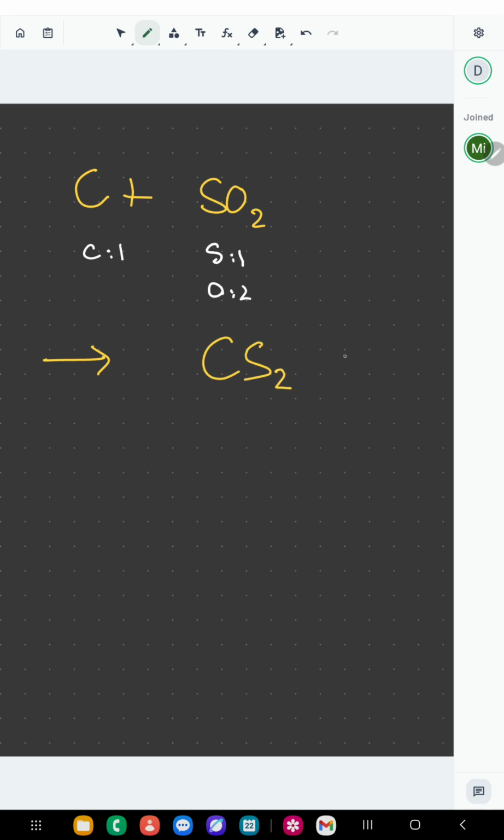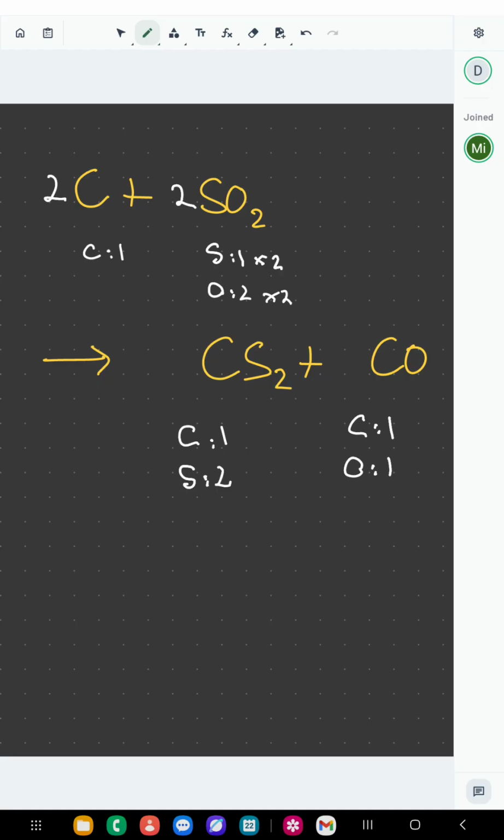Okay, last one is we have carbon plus SO2 and then carbon sulfide as CS2 plus carbon monoxide. Okay. So you have four oxygen.